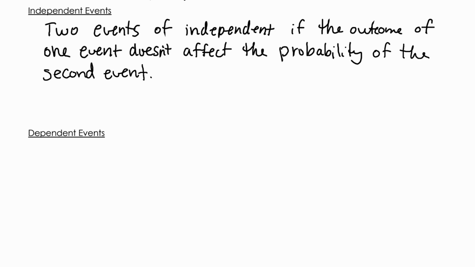An example of this would be flipping a coin. Let's say I flip a coin twice, and the first time I flip the coin, I get a tail. Well, the outcome of the first flip is not going to affect the probability of getting a tail on the second flip. So those two events are independent.